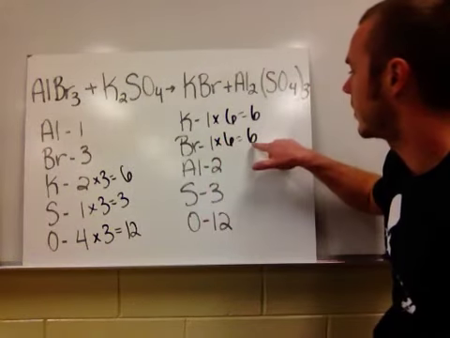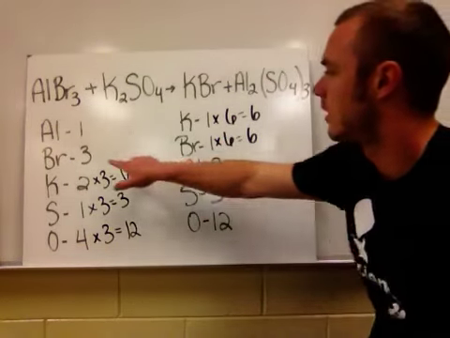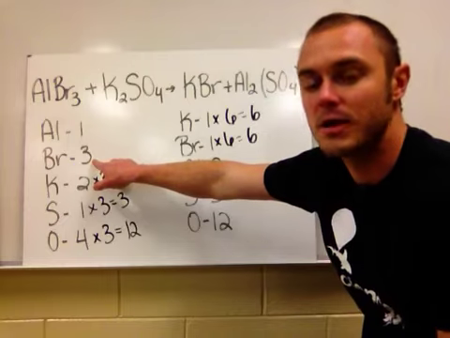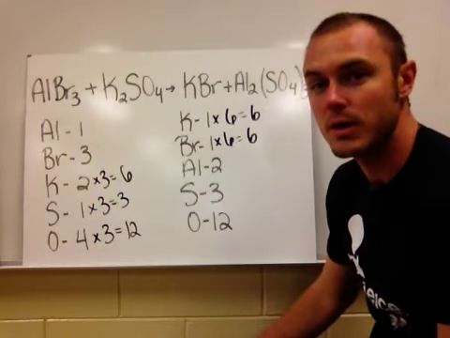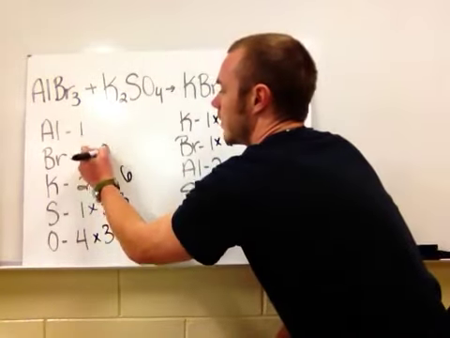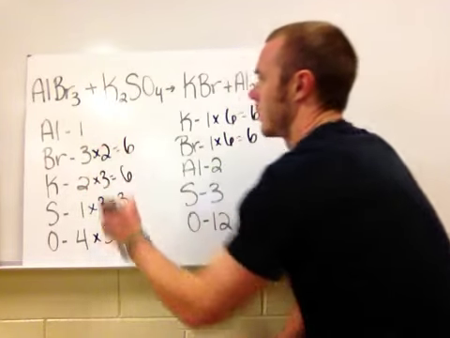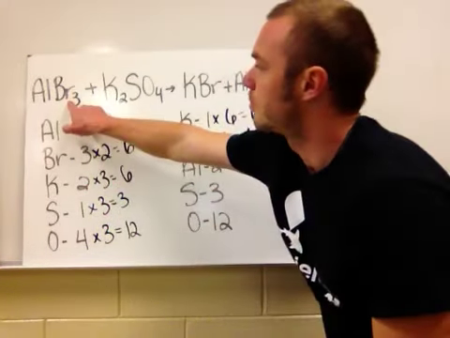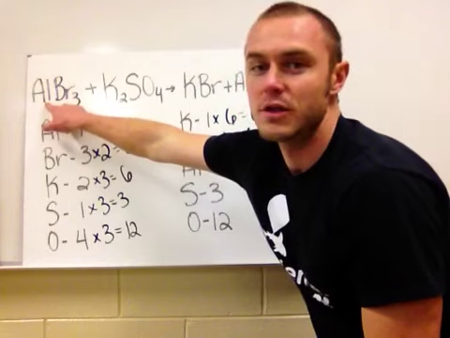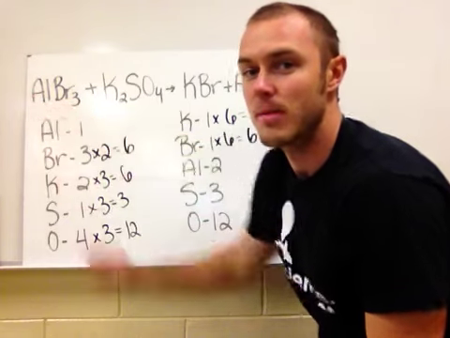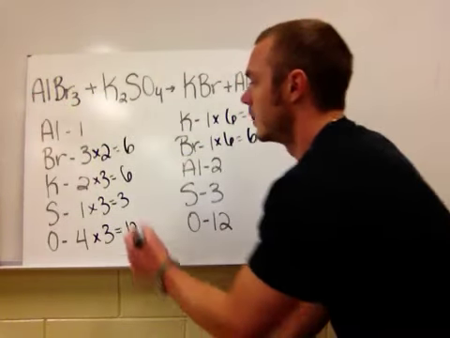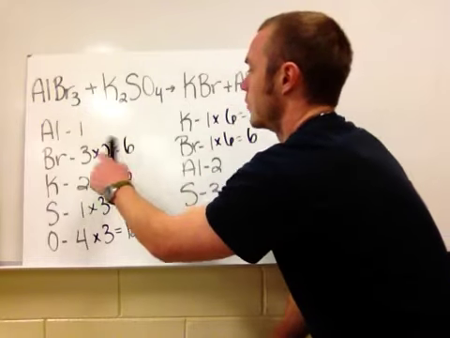Now bromine has 6, and on this side, bromine has 3. So 3 times what equals 6? This bromine is attached to this aluminum, so I have to multiply my aluminum also by 2.